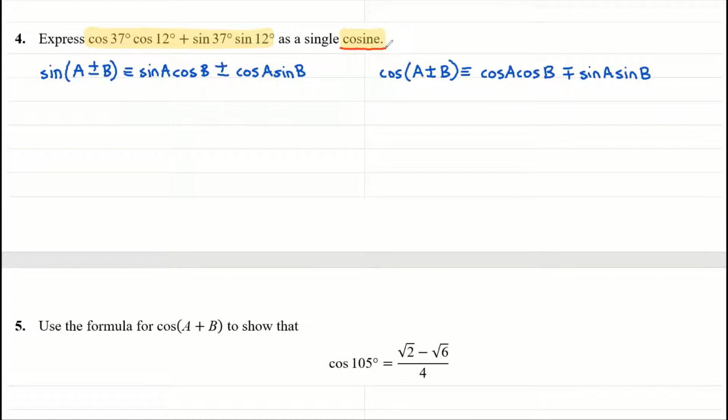So first of all, if you're sort of pondering which one to use, it's pretty clear because it says a single cosine, we can just disregard the sine one completely because that's just not going to be relevant. We're going to focus purely on this identity here.